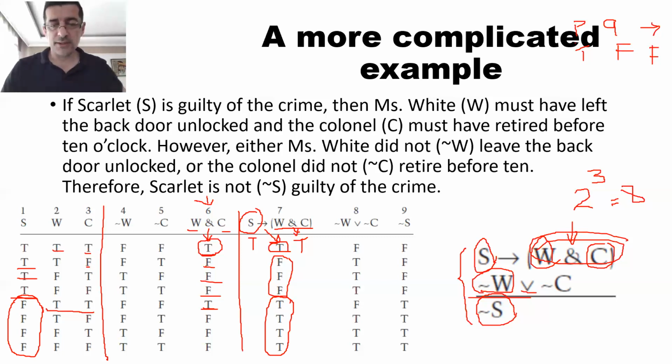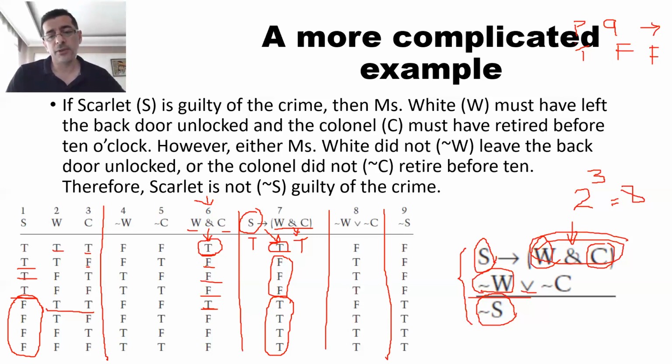Okay, now let's look at the next column. That is not W or not C. Now, when we say that the disjunction is false, a disjunction is false only if both propositions are false. Is that right? Both of these should be false, so I can say that this operator is false.